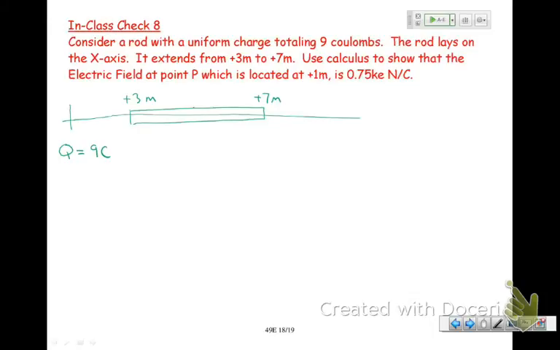Use calculus to show that the electric field at point P, which is located at +1 meter, so here's my point P, is that value. So I want to change my pen because I want to do some thinking here.